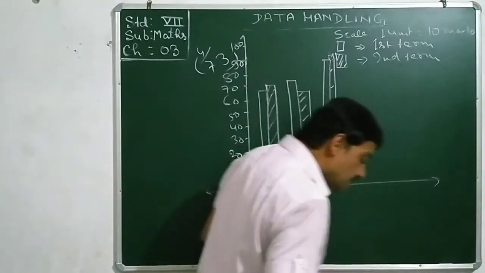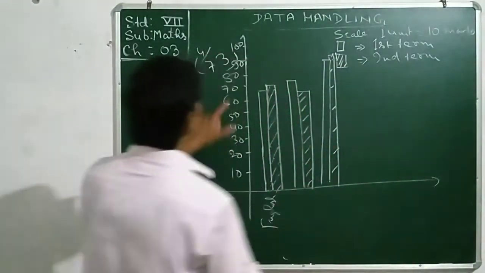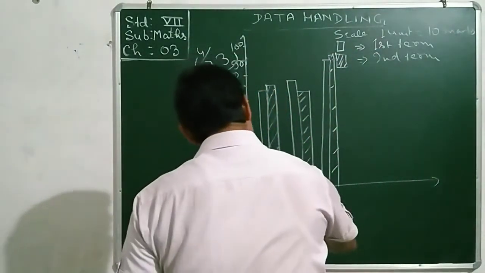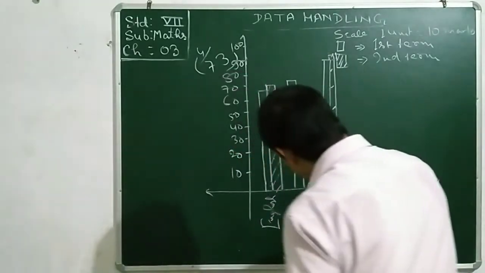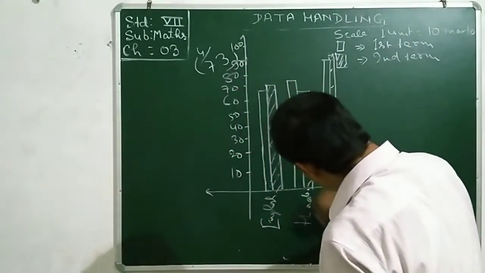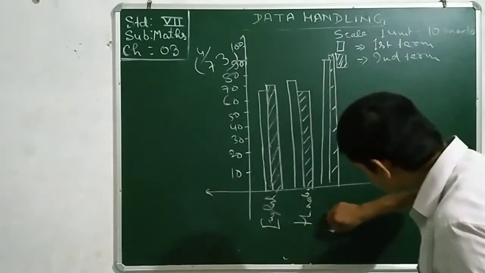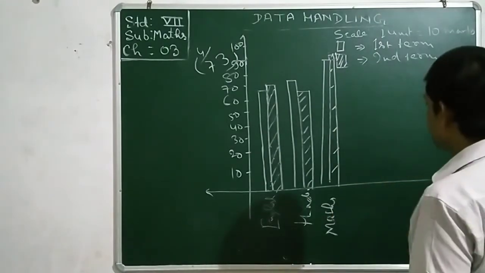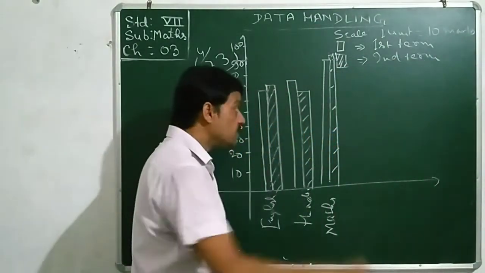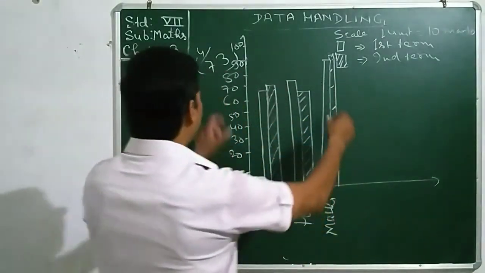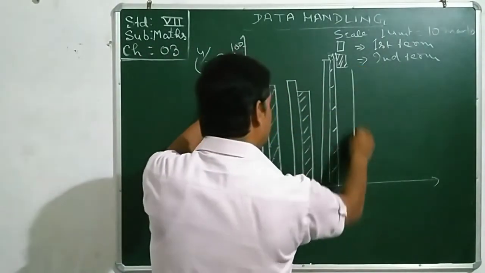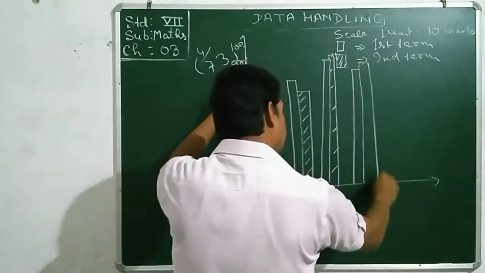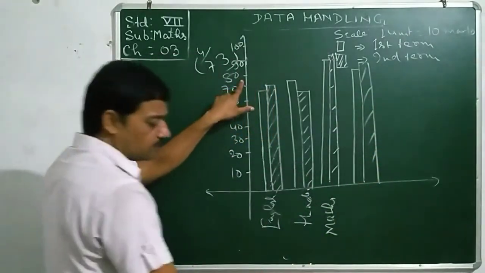For the science 81 and 85, once again this was for English, second was for Hindi, this was for maths. It is maths. And the fourth was science, 81 and 85, 81 up to here. Similarly 85 a little bit higher, and so on.